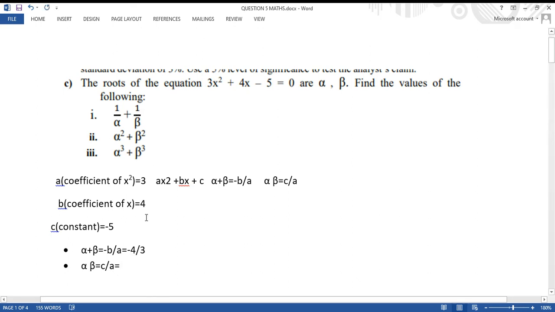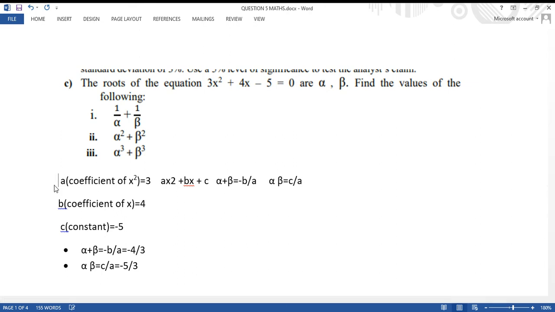Our c is -5 and our a is 3, so -5/3. Before I proceed any further, are there any clarifications, questions? Because this is the first thing you do when you're answering these questions.